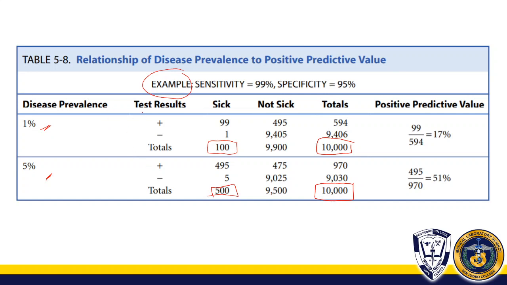Then you subtract to get the number of individuals that do not have the disease or are not sick. Now, to get the numbers above, use your sensitivity and specificity. Remember that we have a sensitivity of 99%, thus out of 100, 99 are test positive and only one is negative. While here for the 500, it is 495 and then 5.